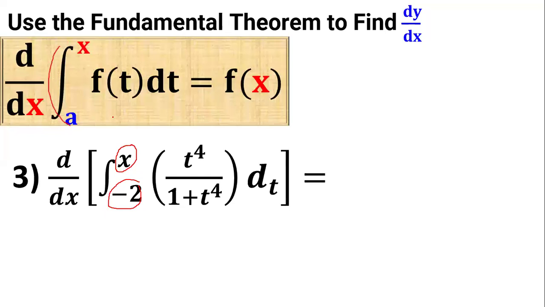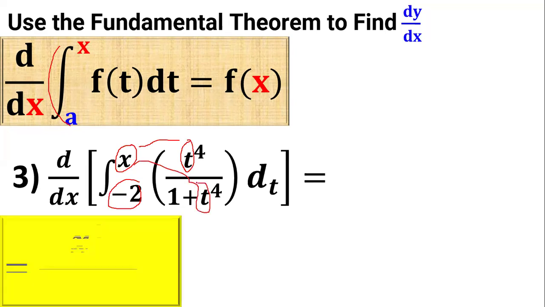We have a constant -2 and a variable x. Just replace t by x. Done. So it will be x to the power of 4 over 1 plus x to the power of 4.